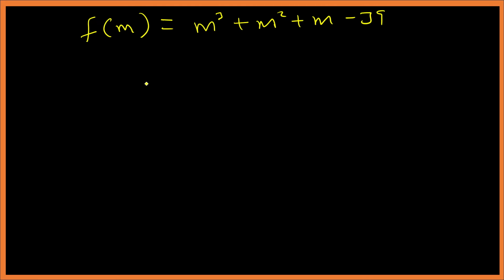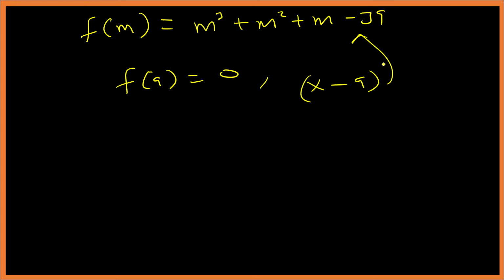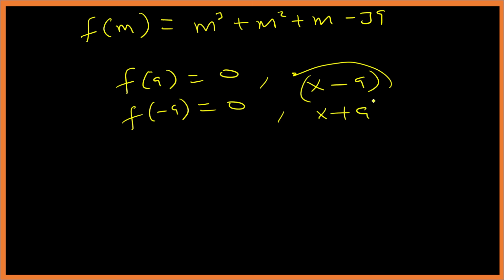Now with the factor theorem, if f of a is equal to 0, it means x minus a is a factor of the polynomial. So if f of minus a is equal to 0, it means x plus a is a factor.